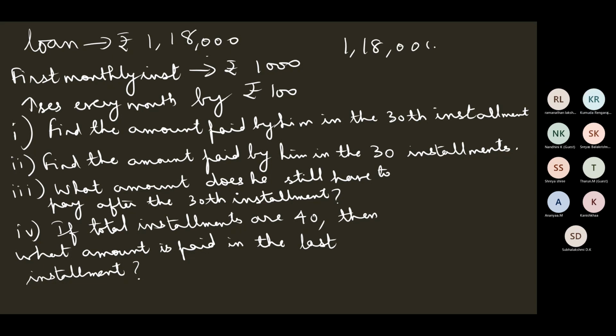The total money he owes is 1,18,000, and in 30 installments he's cleared 73,500. So the difference, 44,500, is still due to be paid.